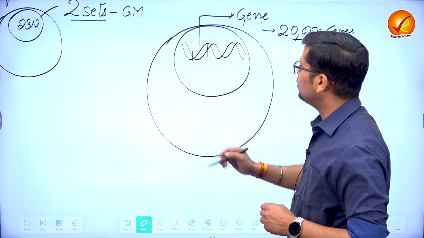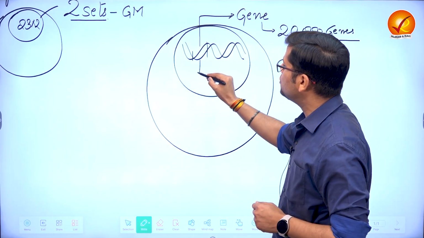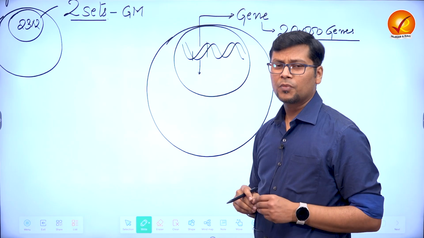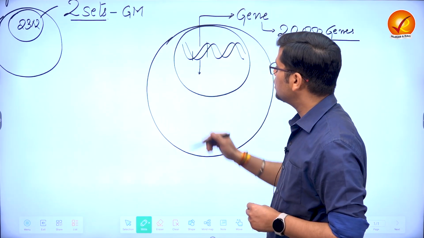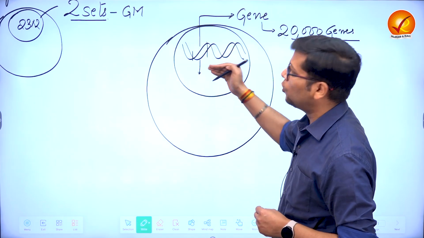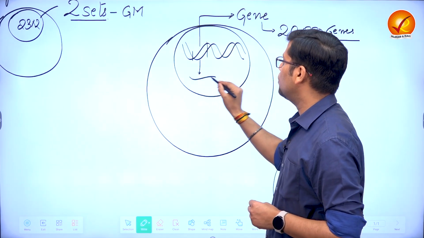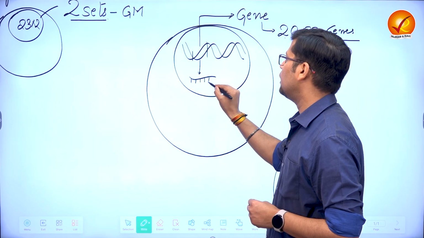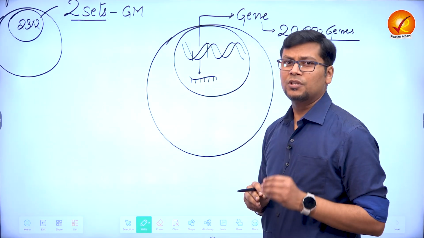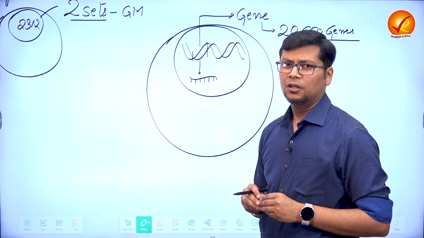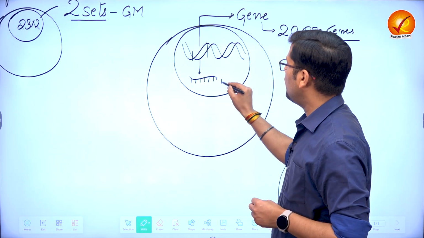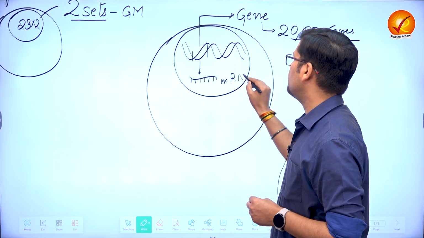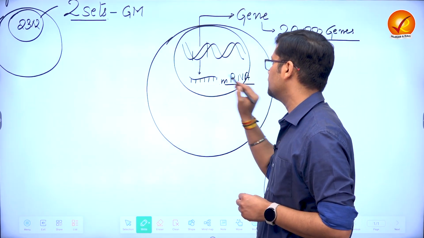The very fundamental of life is that any gene which needs to produce the corresponding protein will first create its own photocopy in the form of an RNA, which is a single-stranded nucleic acid called mRNA or messenger RNA.